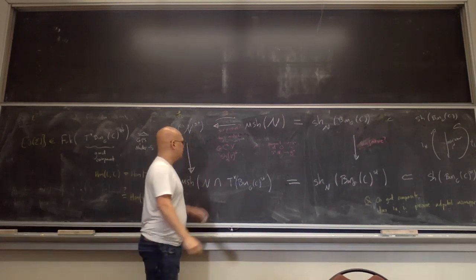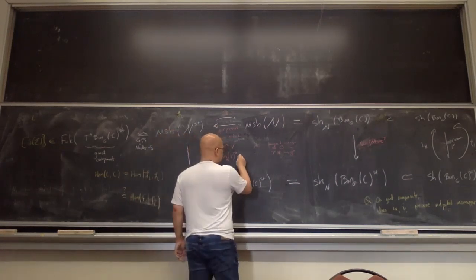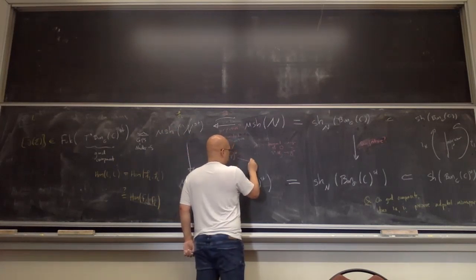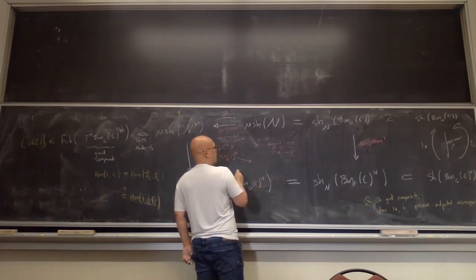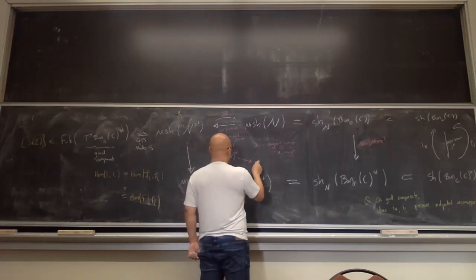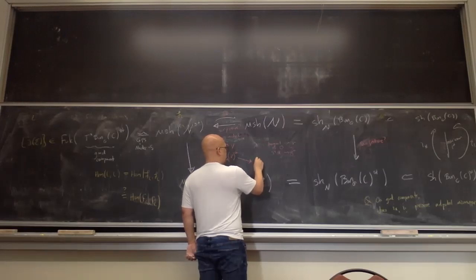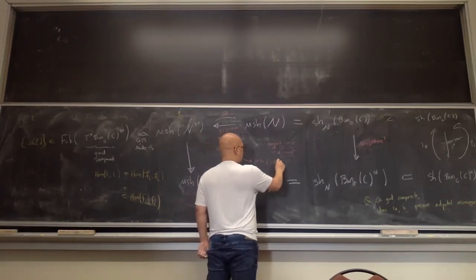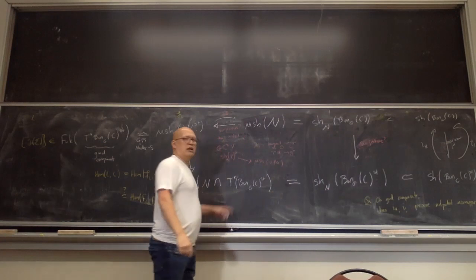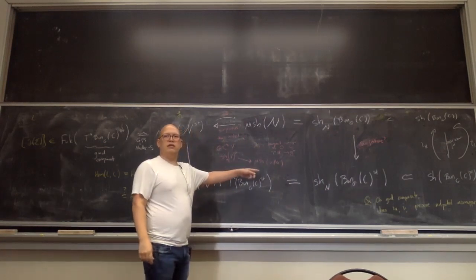So you can study this thing, and you can ask. So this thing maps to some kind of microsheaves on V mod G or something, and you could ask about the surjectivity of this map.